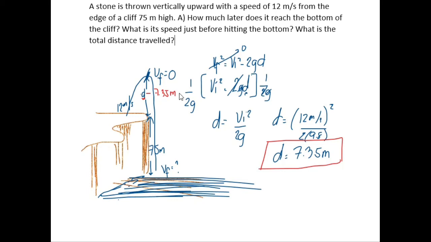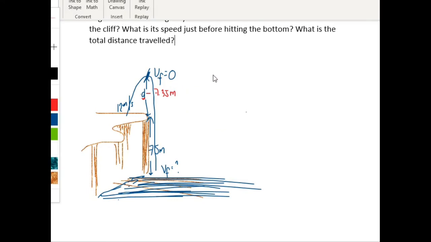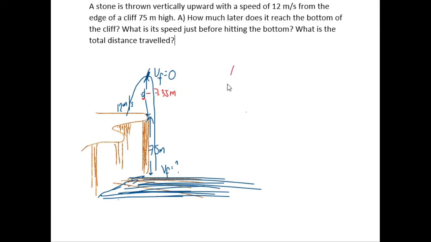Now, we can also solve for the time to reach the peak. Which of those equations can we use? Look at the equations and which of those can we use? Let's solve for the time to reach the highest point, or the time upwards.